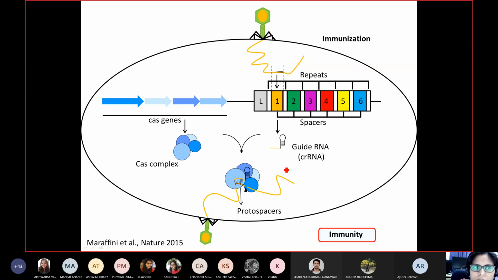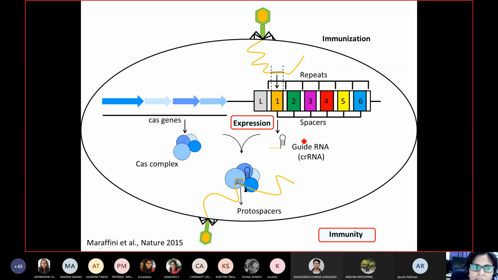So the whole process can be studied in three steps. First is the acquisition step, where pieces of DNA, namely protospacers, are selected and integrated into the array. Then the second step is the expression step, where the premature transcripts are made from the leader till the end, which are then processed further by Cas enzymes into small mature guide RNAs.